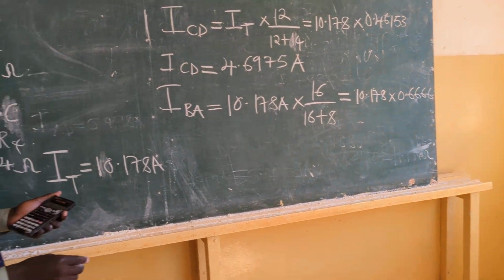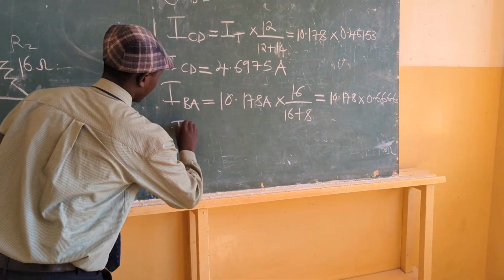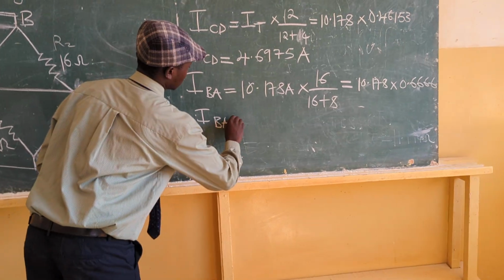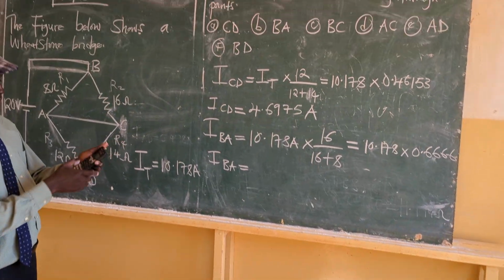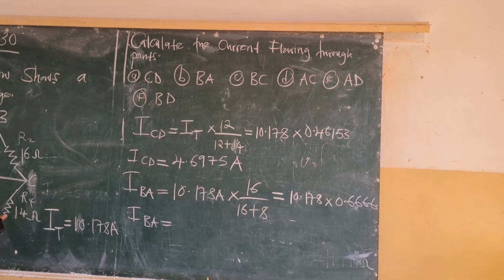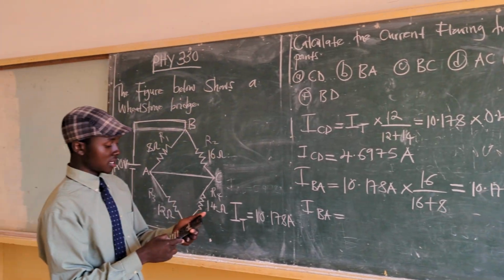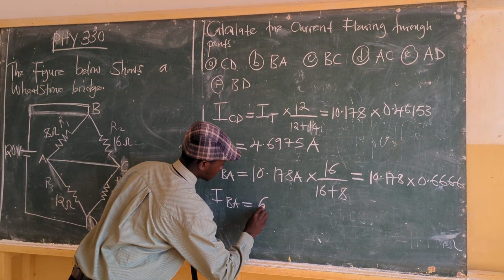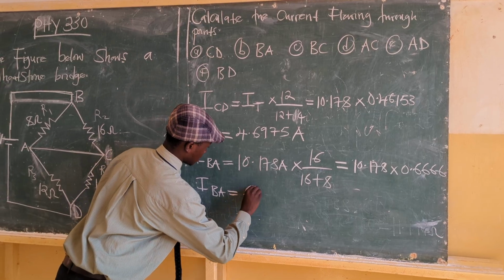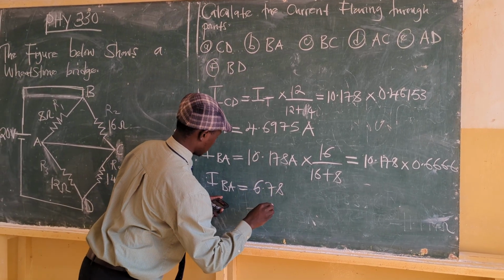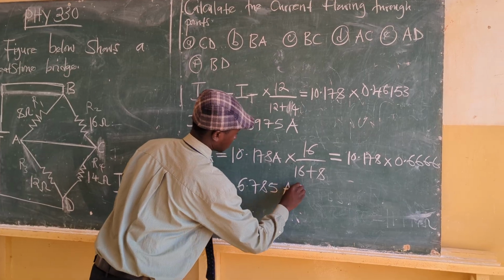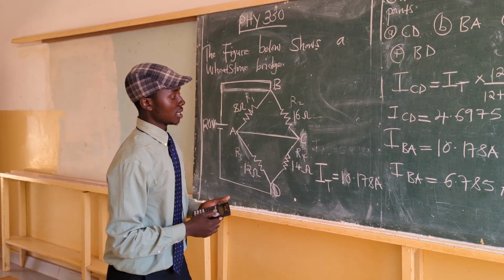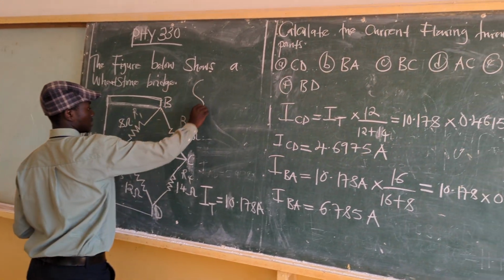So the current flowing at the point BA, I'll multiply with 10.178. This gives me 6.785 amps. Now let me just write here.